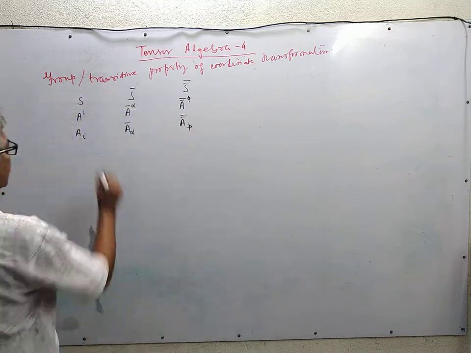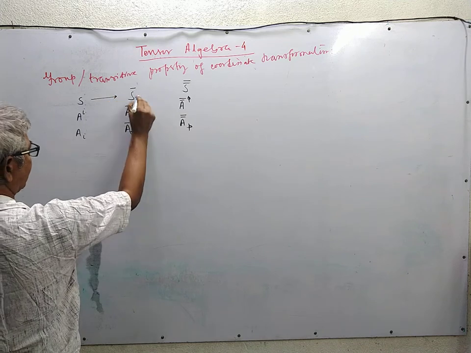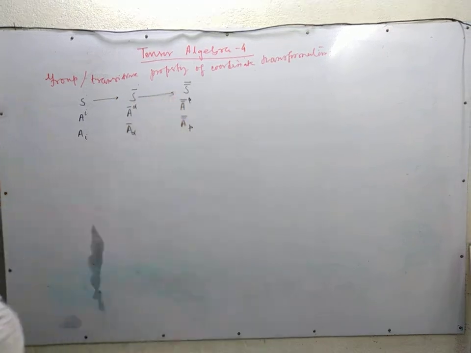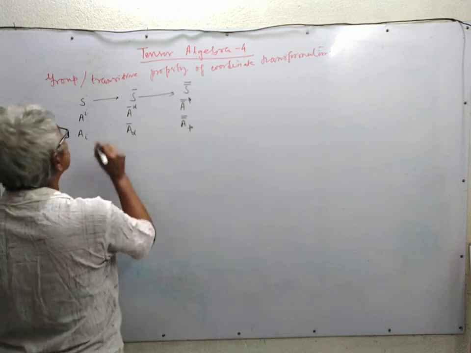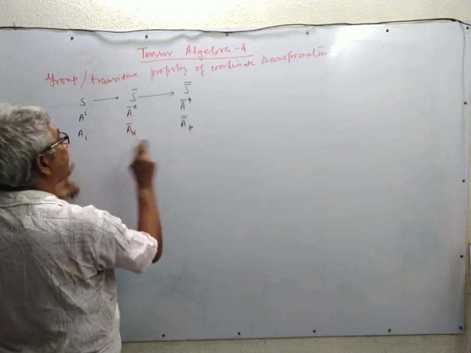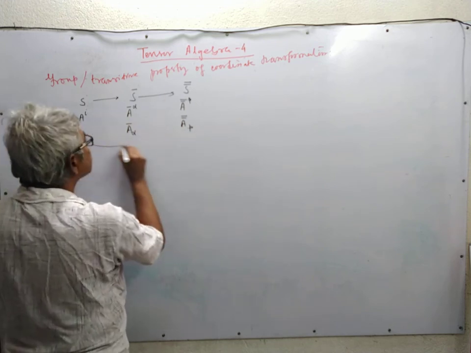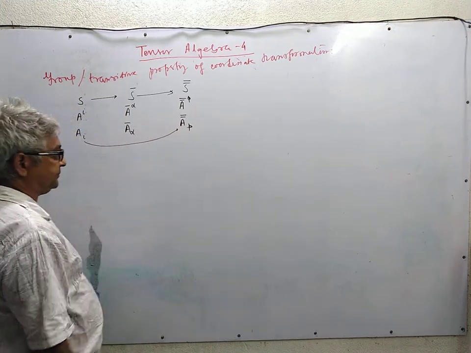So firstly we transform from S to S bar, and from S bar to S double bar. The group property means that we can go from here to there in a single transformation.